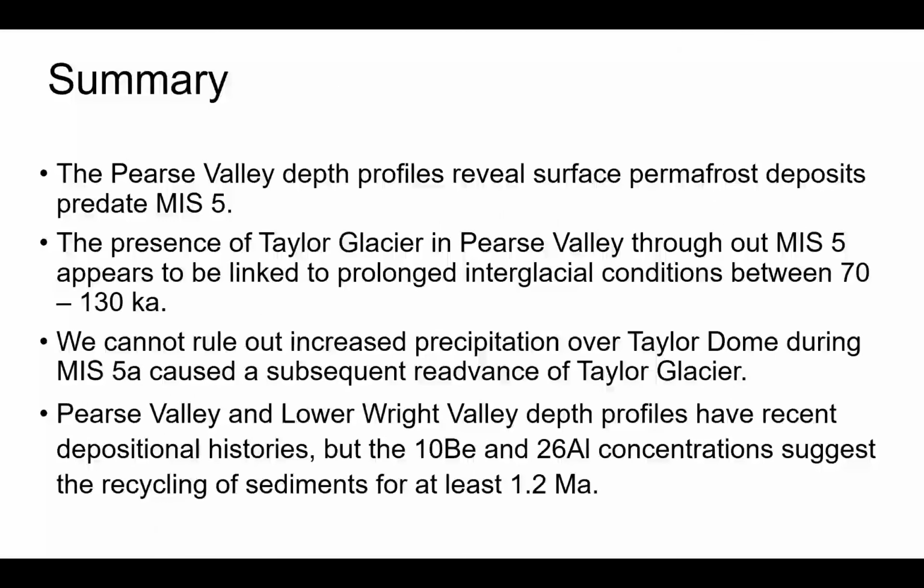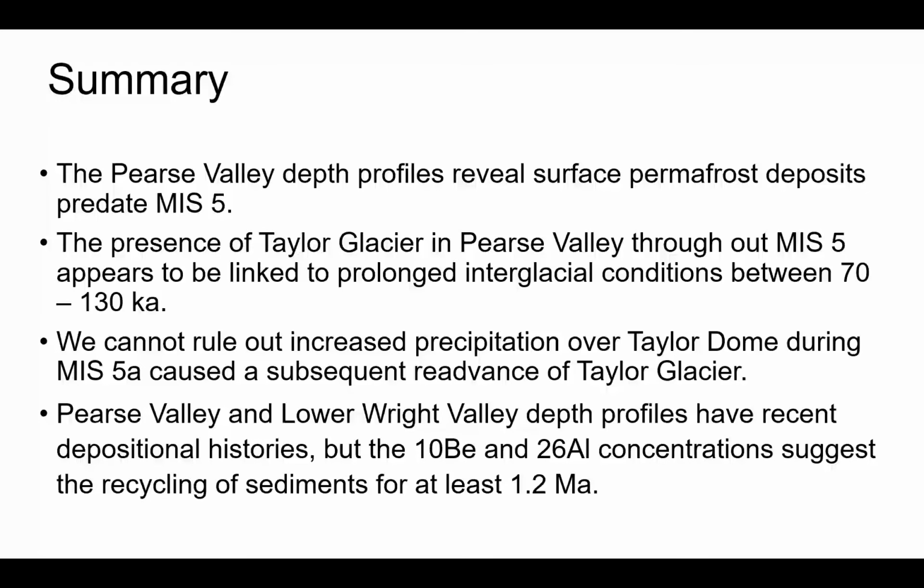So just to summarize, the Pierce Valley depth profiles reveal surface permafrost deposits that predate MIS5. So they've been frozen and stable for over 65,000 and perhaps over 135,000 years. The presence of Taylor Glacier in Pierce Valley throughout MIS5 appears to be linked to prolonged interglacial conditions.